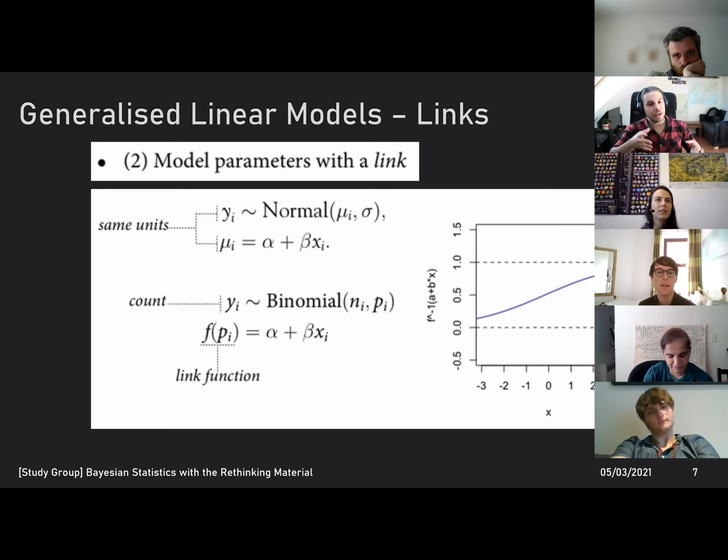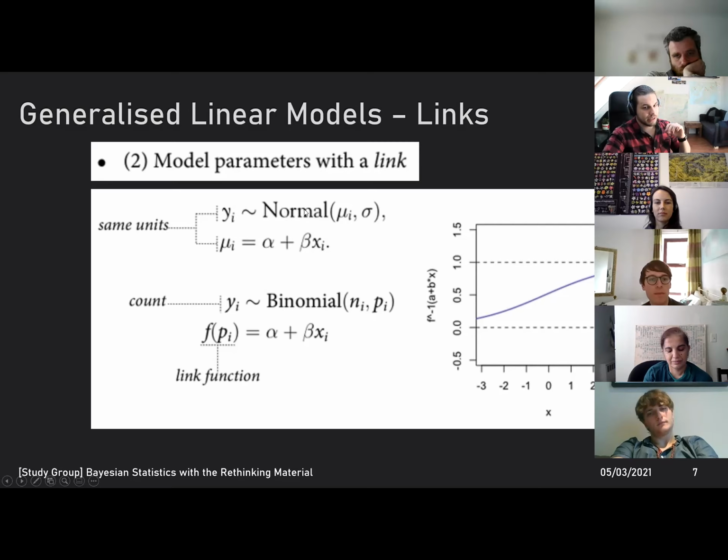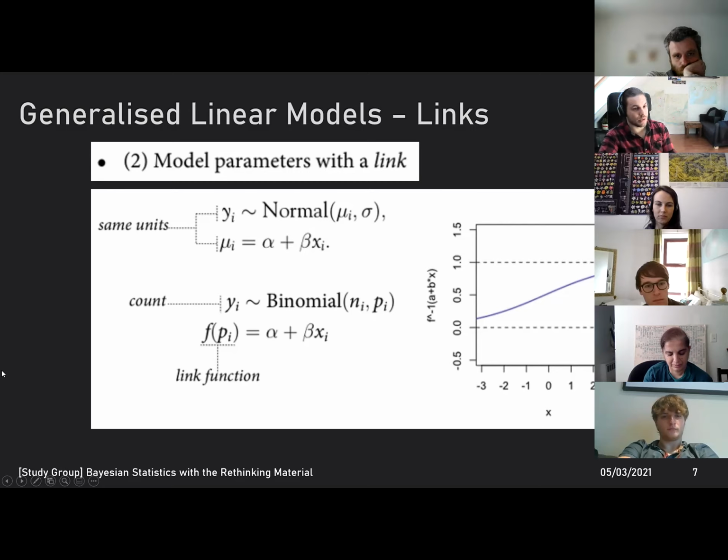In the notation of our model, we always have a certain likelihood to our actual outcome. That likelihood is our outcome distribution. So right here in the top example, we use a normal distribution as our outcome distribution. In the lower, we use a binomial distribution as our outcome distribution. So this is where the outcome distributions come in.